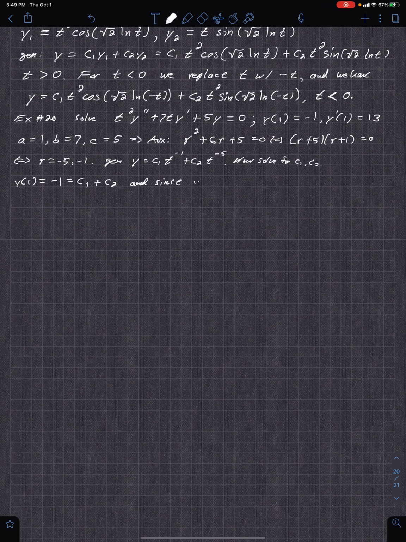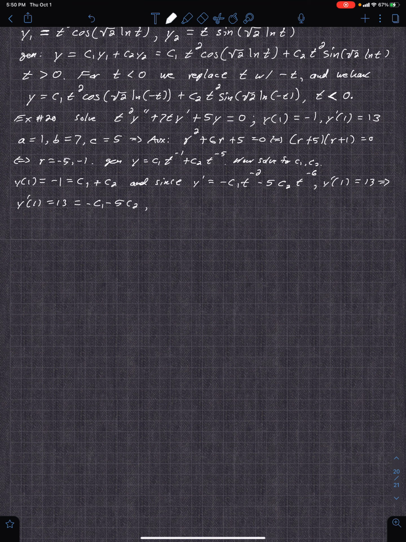Since y prime is -C1 t to the -2 minus 5 C2 t to the -6, we substitute in for y prime of 1, which is 13. So that implies y prime of 1 is 13. Now substitute in, so you get -C1 minus 5C2.